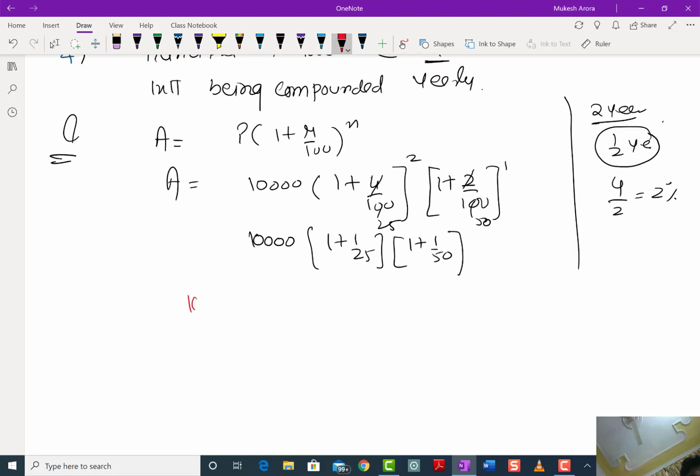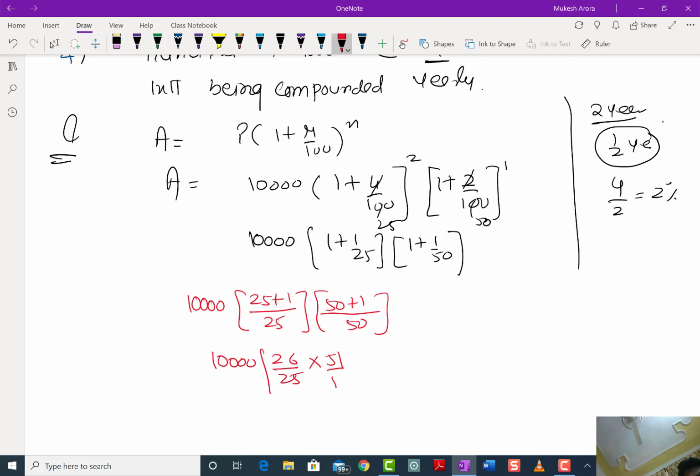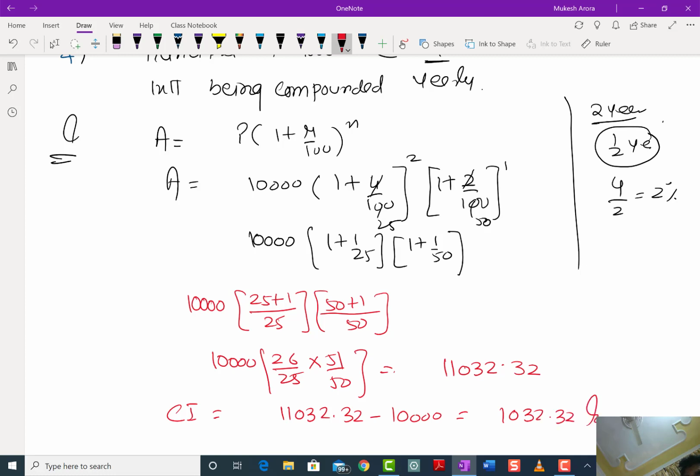So 10,000 into 26 by 25 into 26 by 25 into 51 by 50. Cancelling, you will get the answer 11,032.32, and the compound interest will be 11,032.32 minus 10,000, which is 1,032.32.